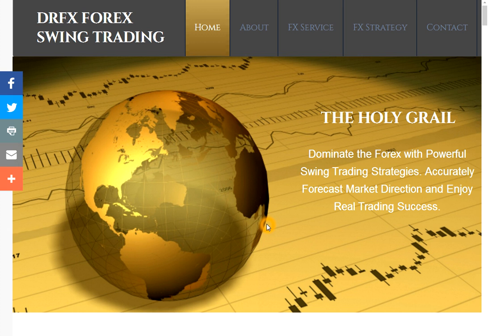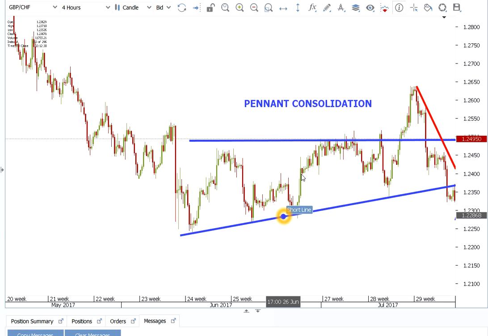Now, I'm going to be taking a look at a recent trade that was made yesterday, which took place on the pound Swiss franc 4-hour chart, where as you can see the market had formed a consolidation setup on this time frame. Several days ago the market attempted a bullish breakout, which was followed by a sharp reversal that took us back inside of the consolidation, where the market attempted to start the breakout bearish.